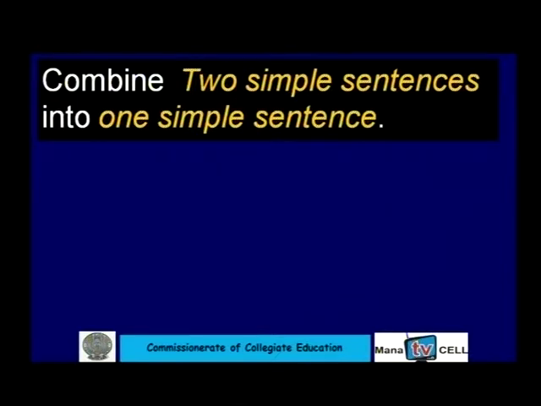Now, we are going to see how to combine two simple sentences into one simple sentence. There are different methods of synthesizing two simple sentences into one simple sentence. Remember, we are changing into simple sentence only. The first method is by using a participle.